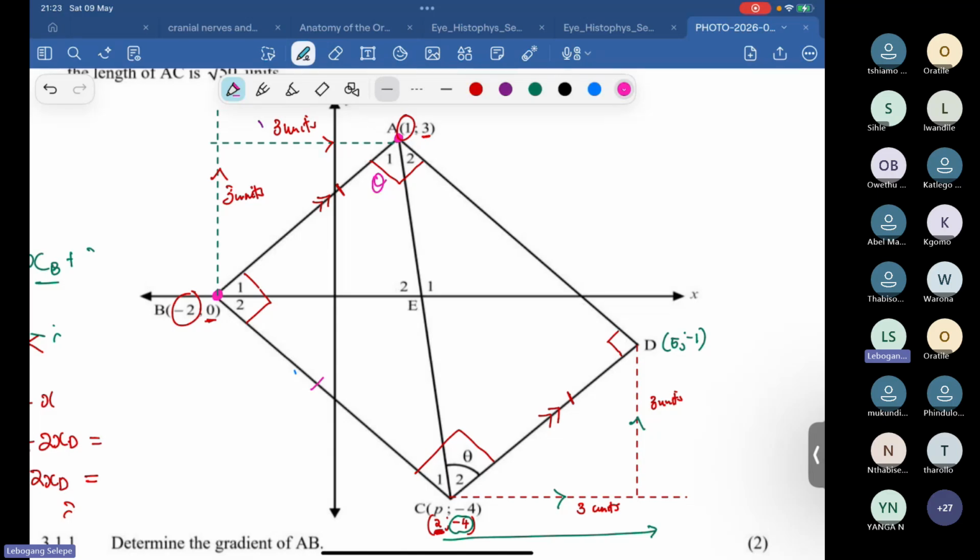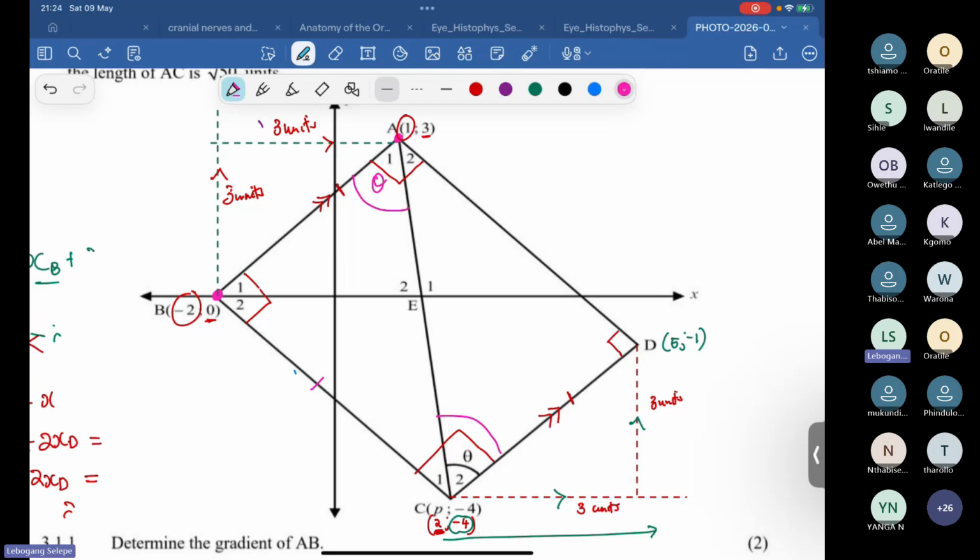Is there anyone who can tell me why that is theta? Why is A1 also theta? Alternate angles. Perfect. So you can see that theta is an alternate angle with A1, because they are parallel lines.